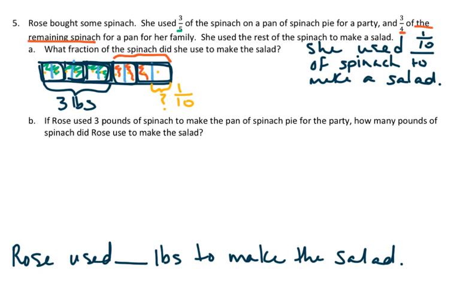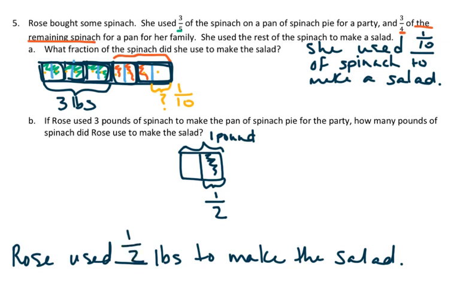Well, now I'm just looking at this chunk right here, and I'm going to draw it out right here. I know that this whole thing is equal to 1 pound, but the amount that she used for spinach is only going to be this section right here. So that's only going to be 1/2 of a pound. So Rose used 1/2 pound to make the salad.